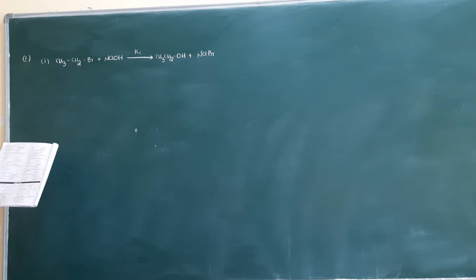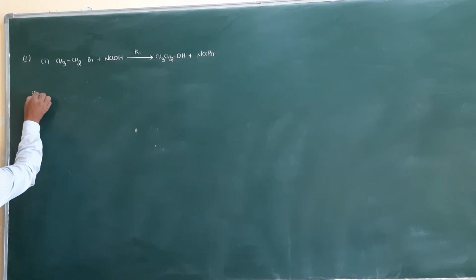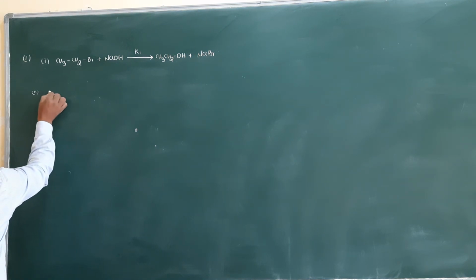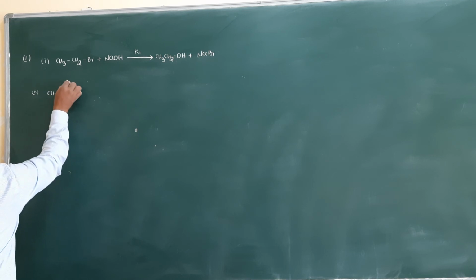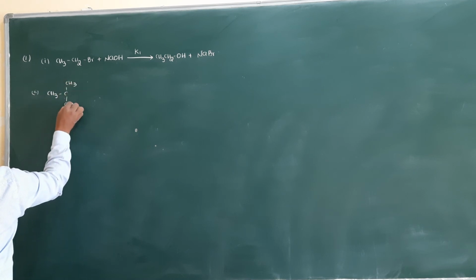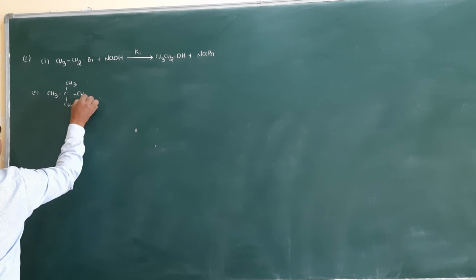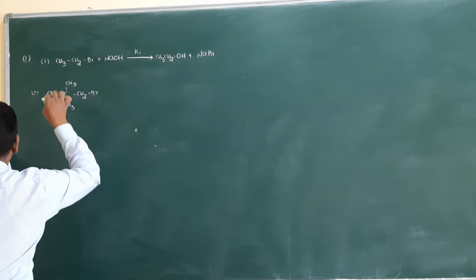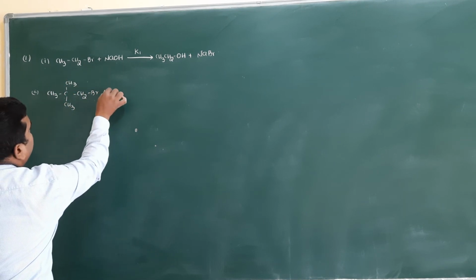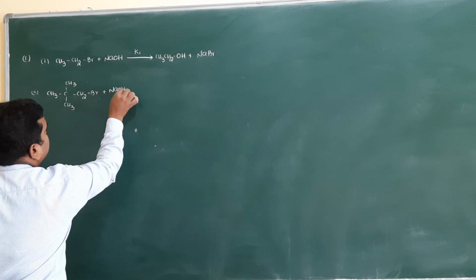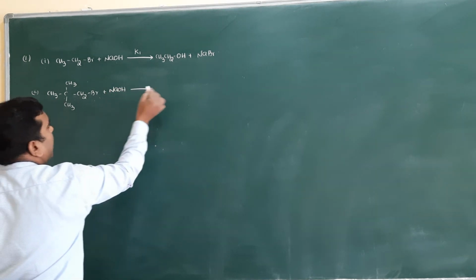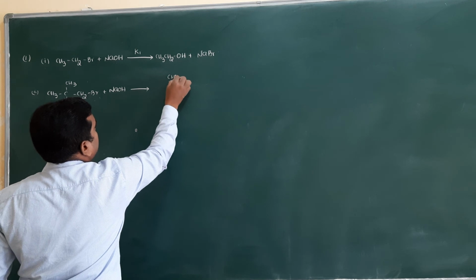And the next one, in the second question, they have given another compound with CH2Br, and again it is treated with NaOH. You get the alcohol here; these two are nucleophilic substitution reactions.